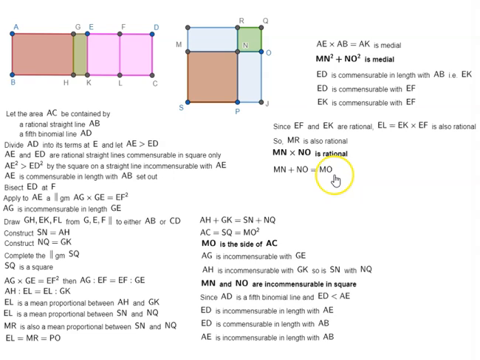And MN plus NO is equal to MO. So MO is the side of a rational plus a medial area. The medial area is this and the rational area is this. So that is proposition number 58 of book 10 of Euclid's Elements.